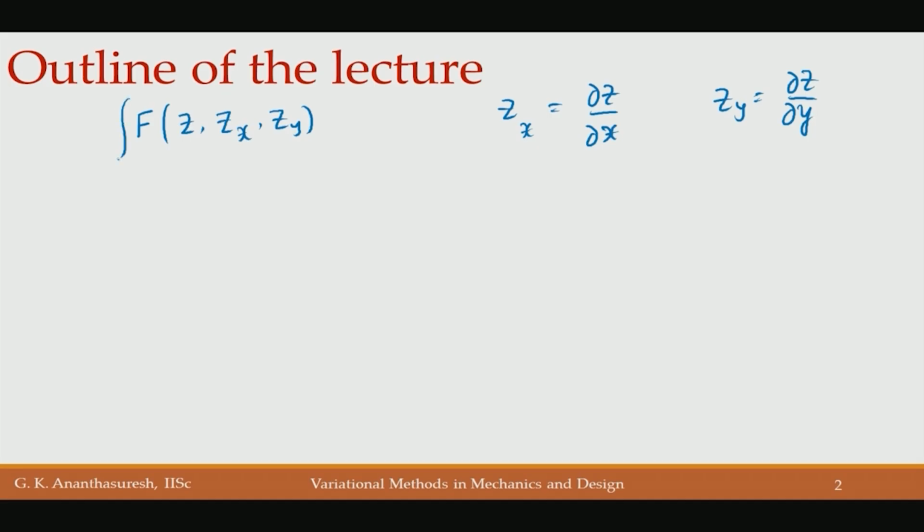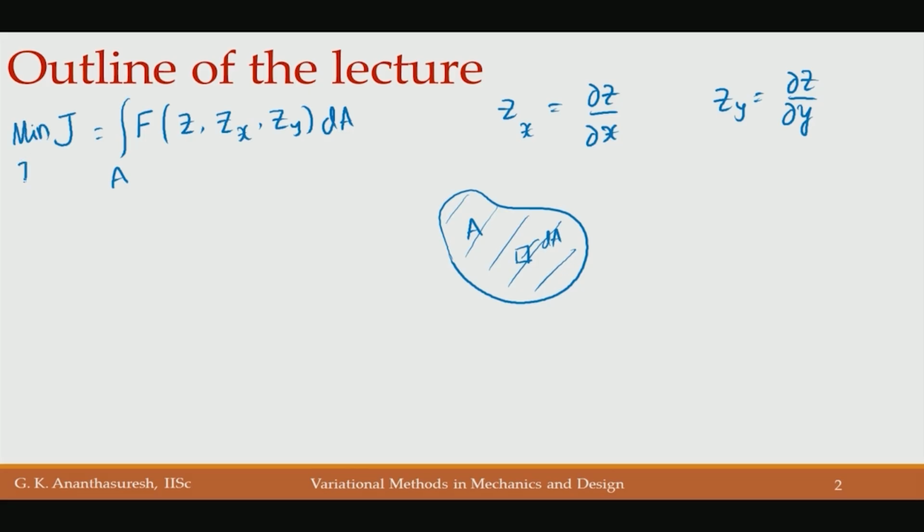So, we have a functional that depends on x and y, which we write like a dA. If I take an arbitrary domain like this, somewhere I take a small area which I denote as dA, and then I integrate over the entire area. That is what this means. That is our J, the functional, which we minimize with respect to z, x and y. That is our problem.